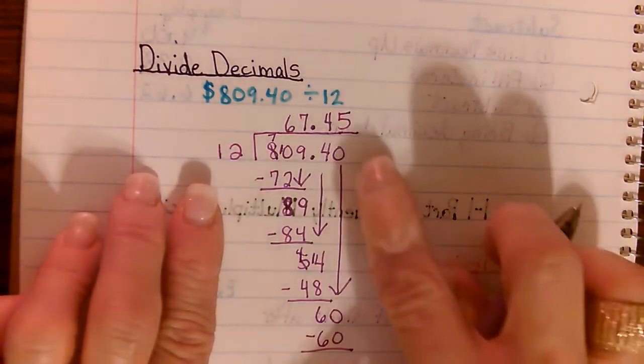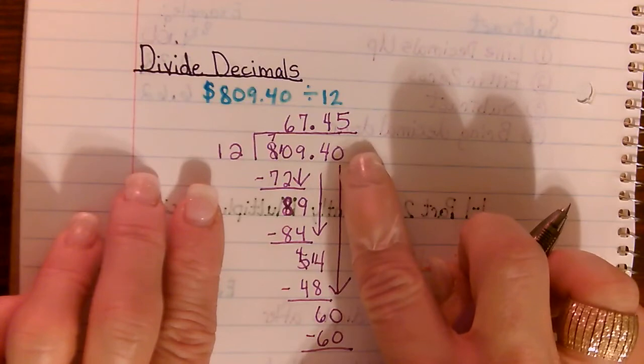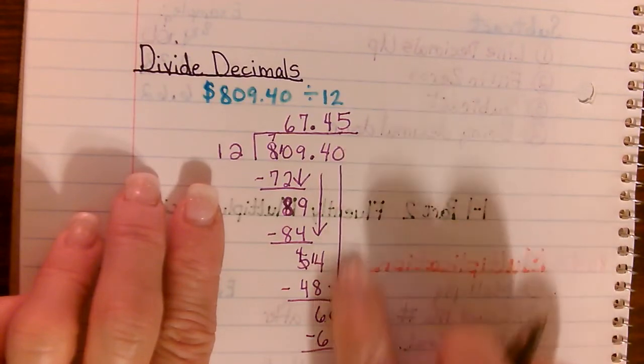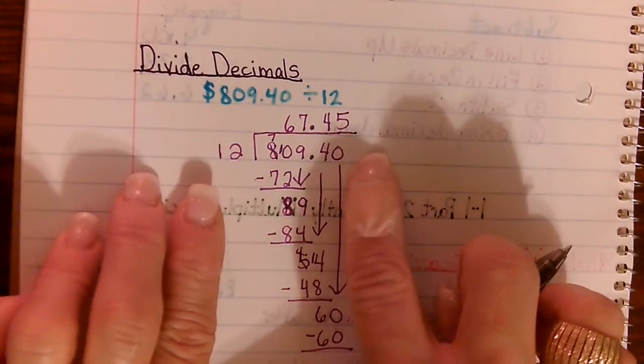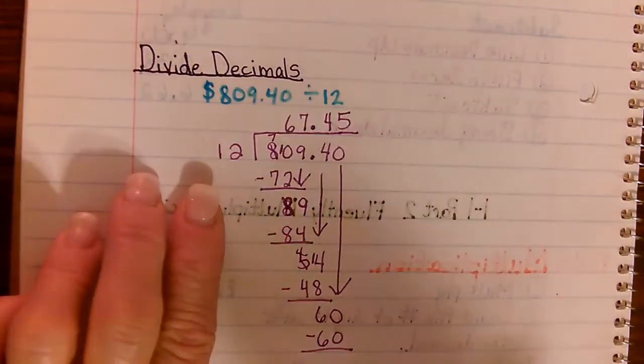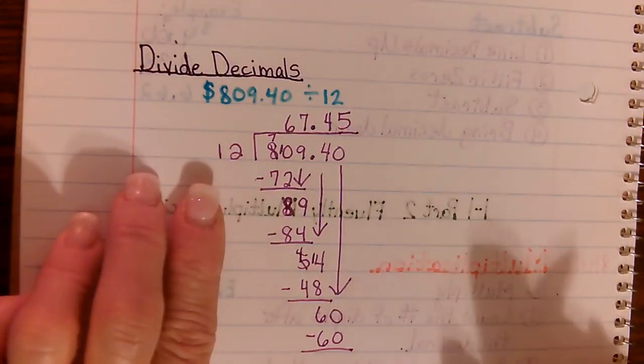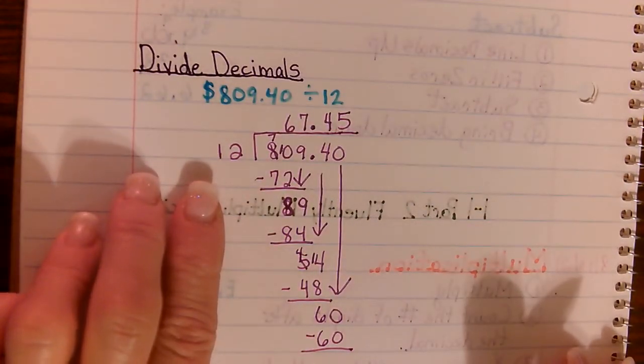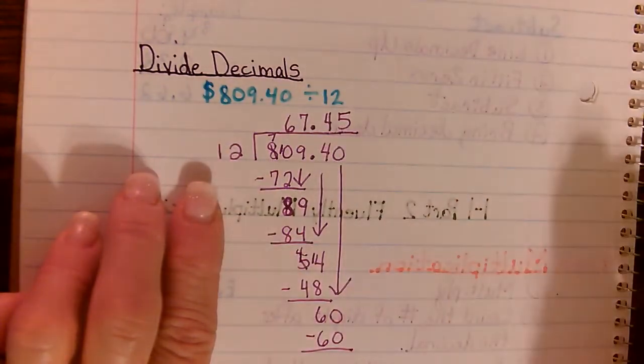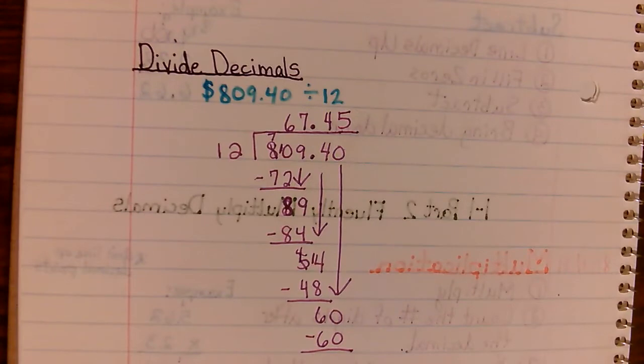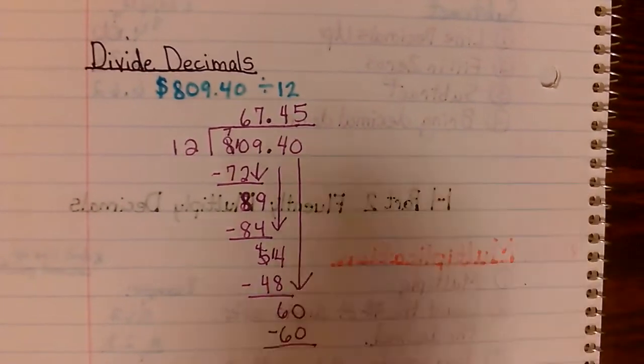Truth be told, if I had a remainder still, I could continue putting a 0 here and continue the process to see if I either finally get a solution or I have something that starts repeating itself.